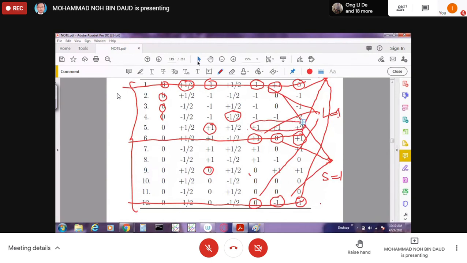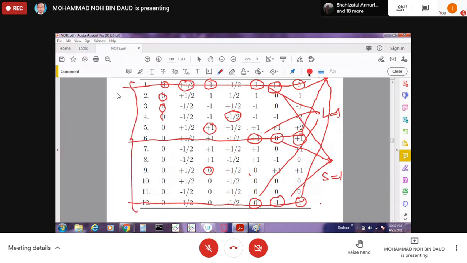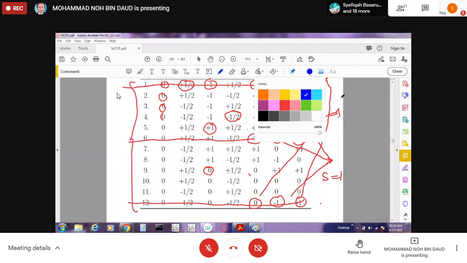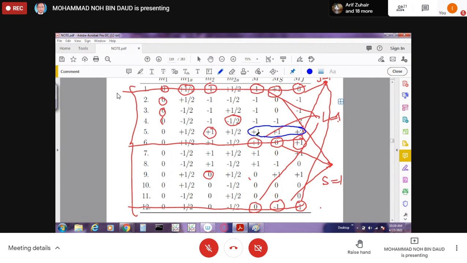So for the L, the ML here is 1, still 1, with the MJ, the maximum and the minimum value.